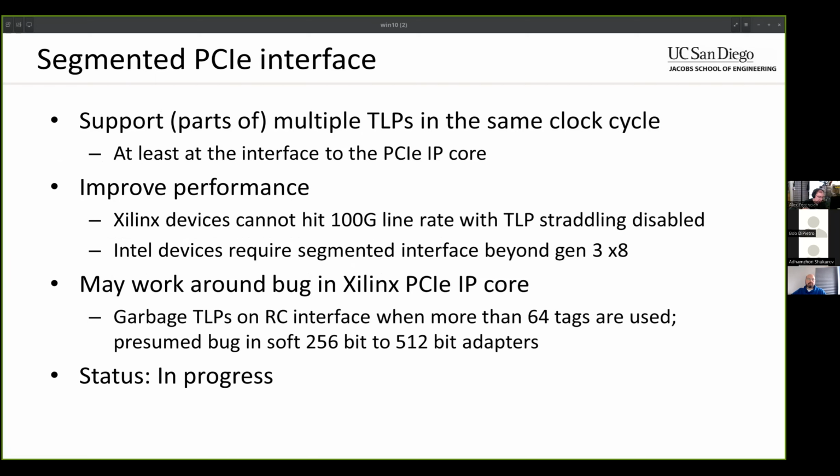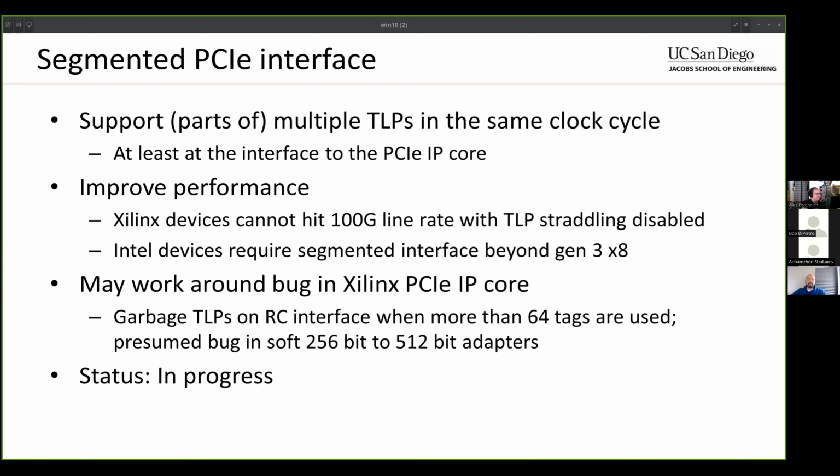So either multiple TLPs or like the end of one and the start of the next. And the idea here is that this will improve the throughput into the PCI Express IP core, because if you're transferring small packets over a very wide interface, or you're transferring packets that are not aligned with the interface width, then you're going to be wasting effectively bandwidth.